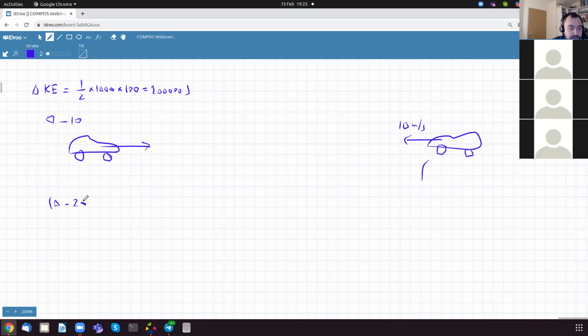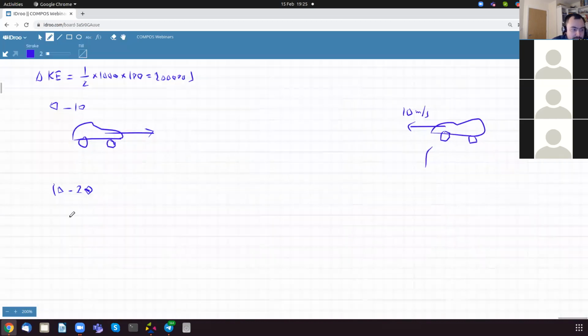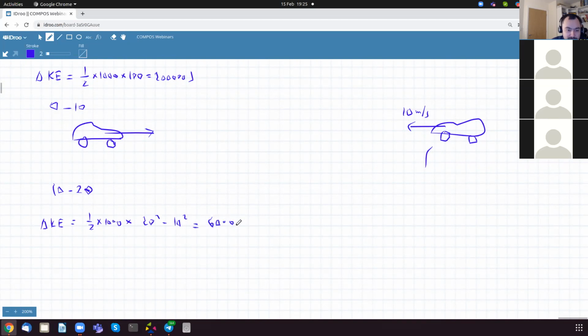Goes from 10 to 20, and the change in kinetic energy is actually 1/2 times 1,000 times 20 squared minus 10 squared, which is actually 150,000 joules.